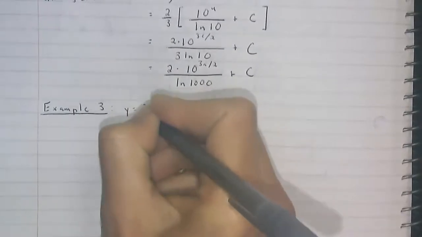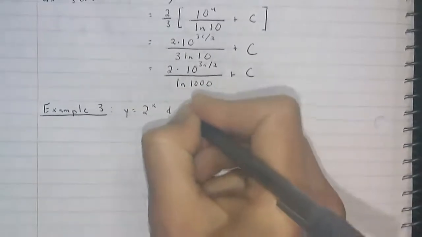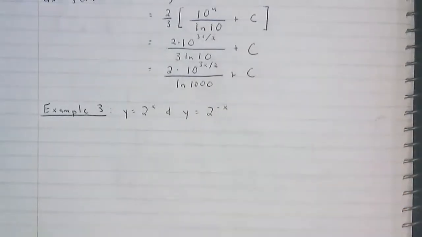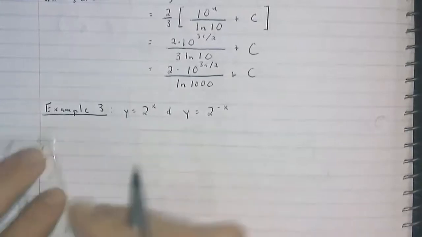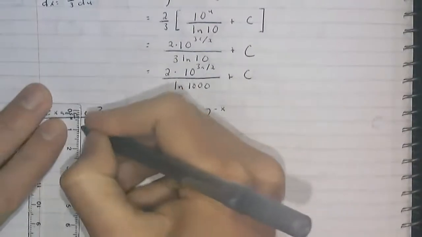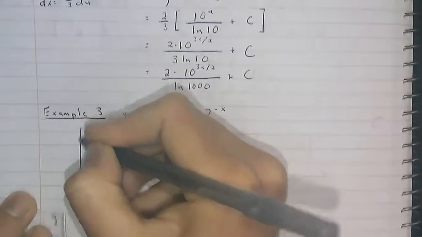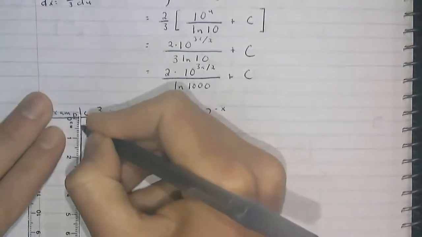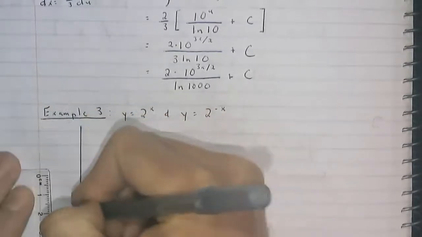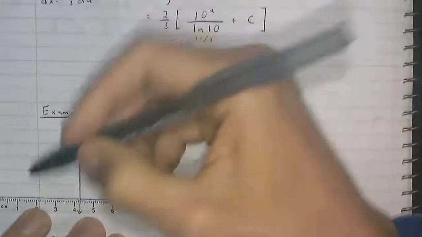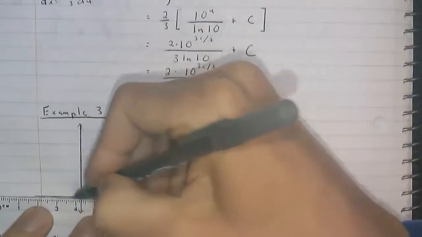Y equals 2 to the x and y equals 2 to the negative x. We're not going to need any negative y's here because these are both exponential functions.